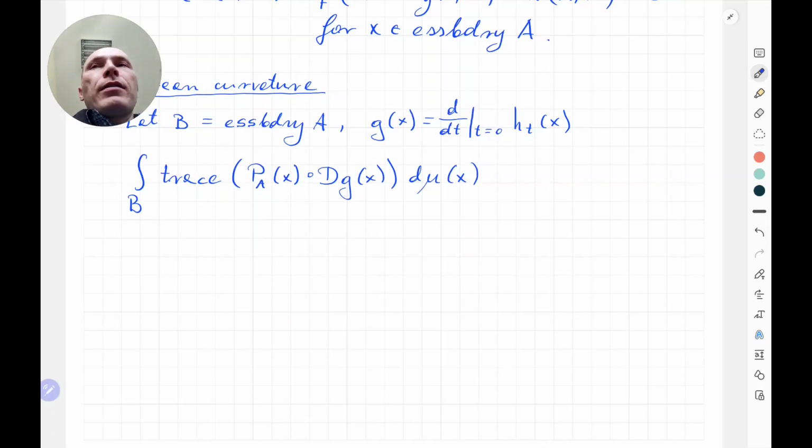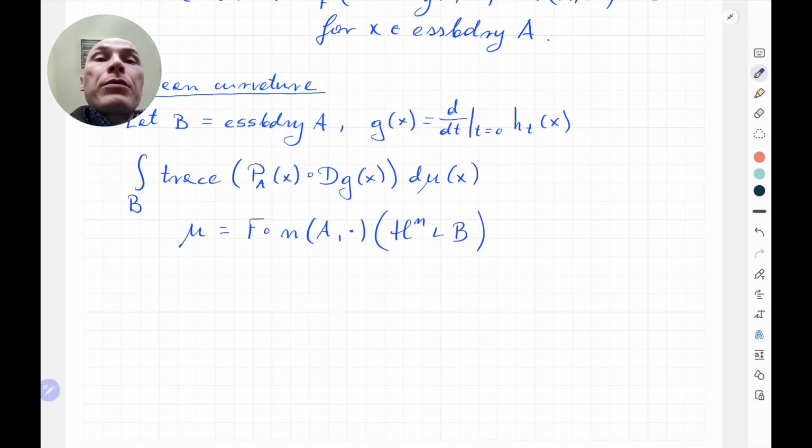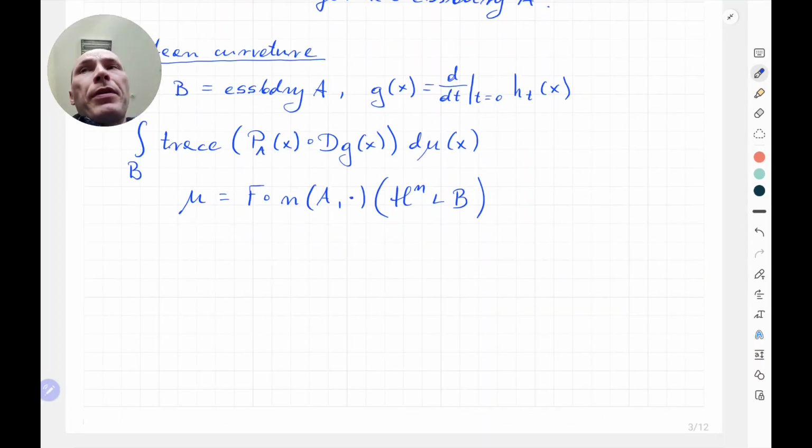And now I have to tell you what mu is as well. So mu is just the Hausdorff measure restricted to the essential boundary, weighted with this additional weight, f evaluated at the normal vector. So this is mu, and now I have to tell you what P is.